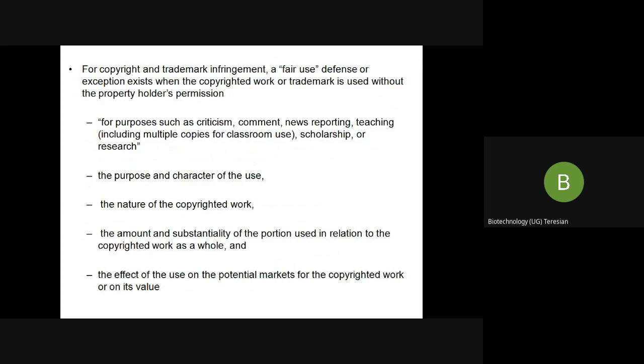Okay, how much work has been done in that particular research, and you quote that particular author that you have taken this from this author, and the purpose and the character of the use, the nature of the copyrighted work, the amount and substantiality of the portion used in relation to the copyright work as a whole, and the effect of use on the potential market for copyrighted work or on its value. So this is known as the fair use.